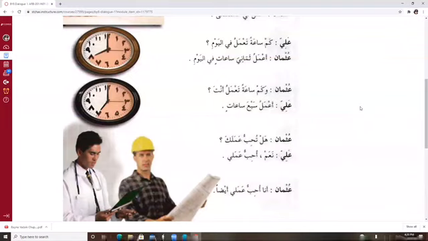Very good. Any questions about this dialogue? No. Some good questions here that you should memorize because they'll be useful in the future to be able to talk. Just to point out, when you use kam, the noun that follows it is always in the accusative case, and it's singular.